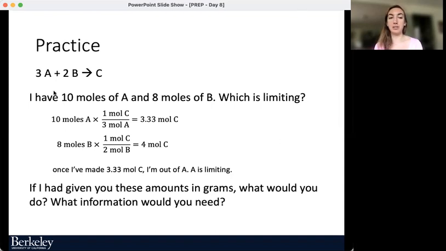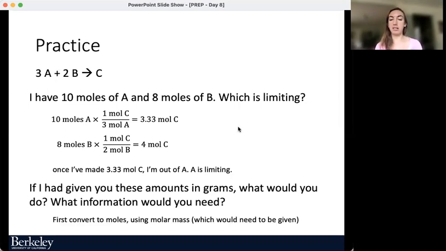So if I told you A is CO2 and B is H2O, you should be able to figure out the molar mass using the periodic table. In this case, since you don't know what A and B are, I would need to give it to you. Any questions on how I did this, or what limiting reactants are, or how we can figure them out?